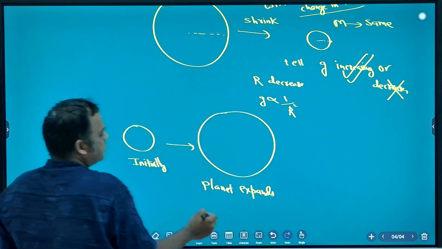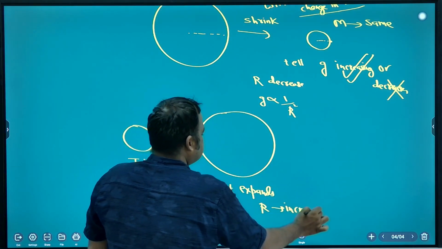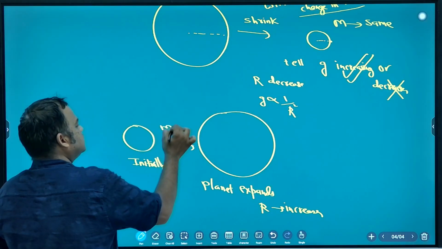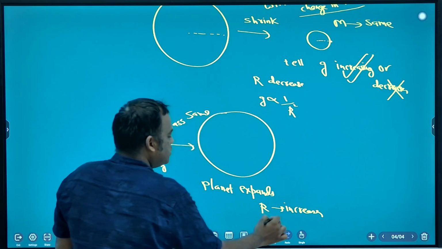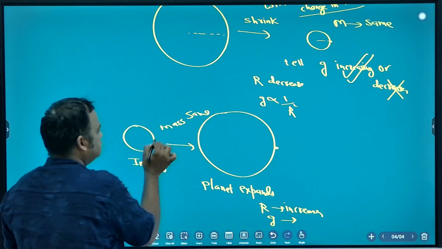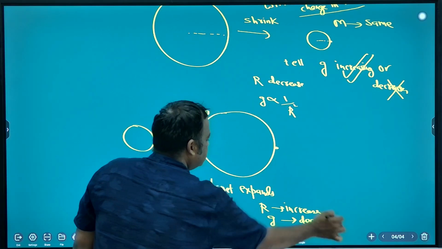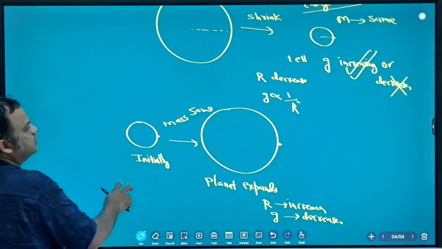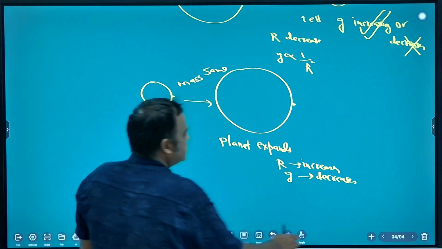So what happens to the radius? Increases, mass same. So g on the surface decreases. Okay, clear.